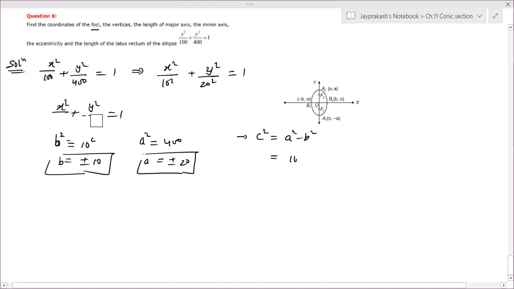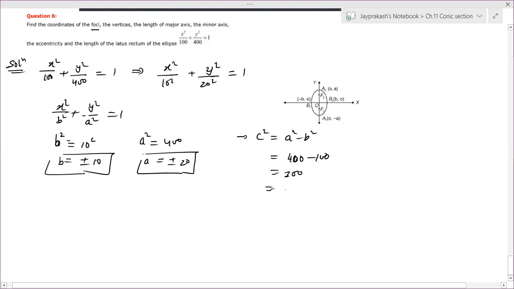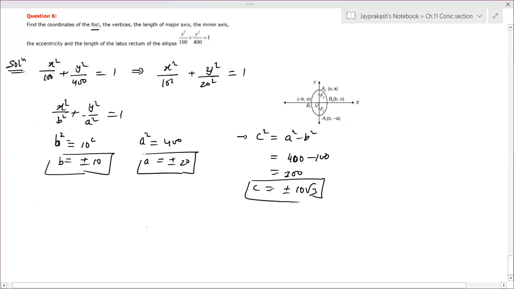So we can change the standard form into b square and on this side a square. Here c square is 400 minus 100, that is 300. So c is plus minus 10 root 3. Its foci will be 0, minus 10 root 3 and 0, 10 root 3.